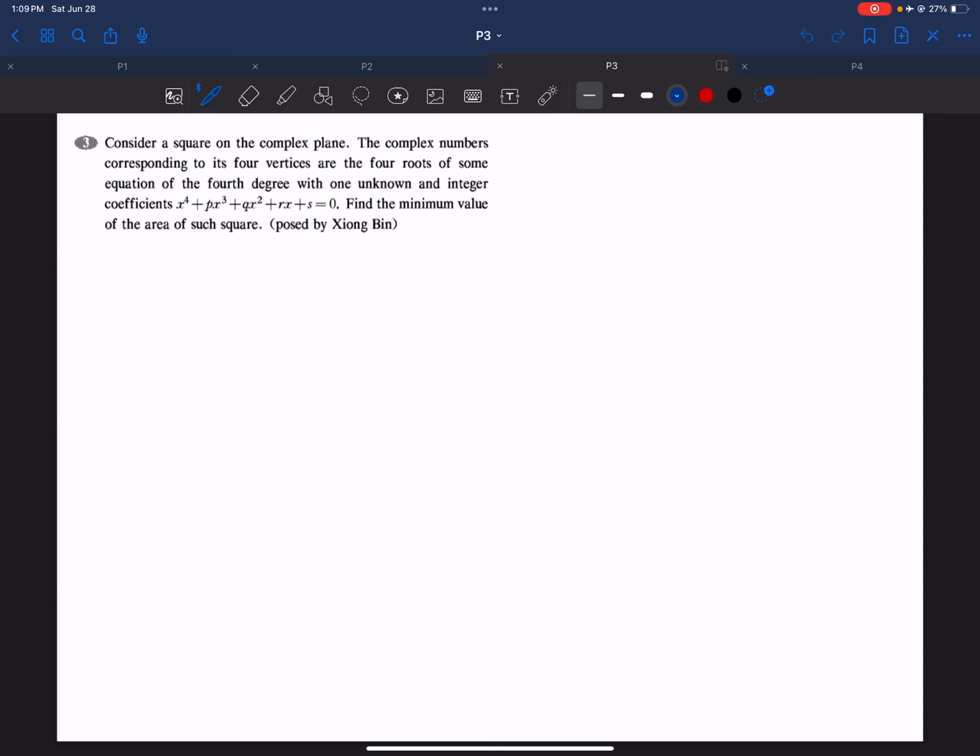let's draw the square. So it's a square on the complex plane, so it has vertices. Let's call them Z1, Z2, Z3, Z4, and they are roots of some fourth degree equation.